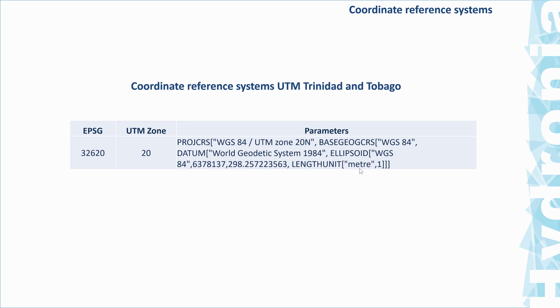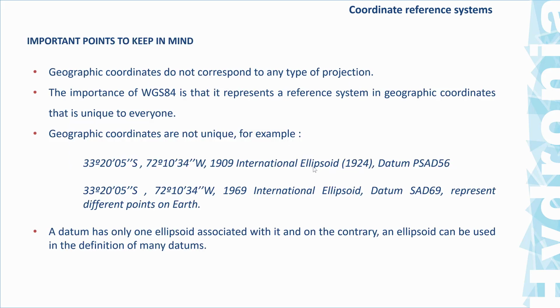But in some areas that work with feet, they would select the same zone, but in feet. They are very similar. They are different in the EPSG code, but you have to be aware of that, because otherwise, once you develop your whole project, if you have the wrong length unit here, it will be very difficult. You will need to start from scratch in order to correct that error.